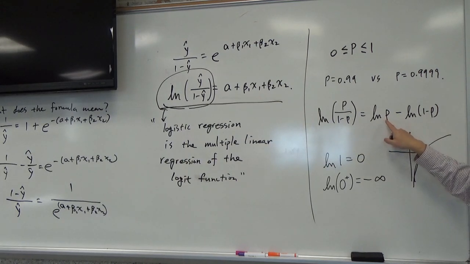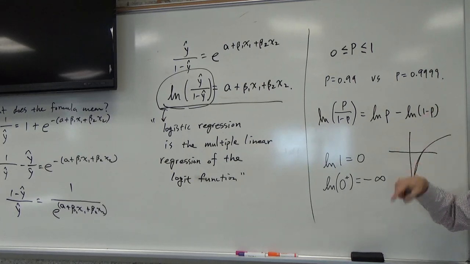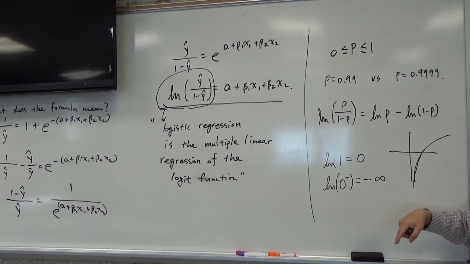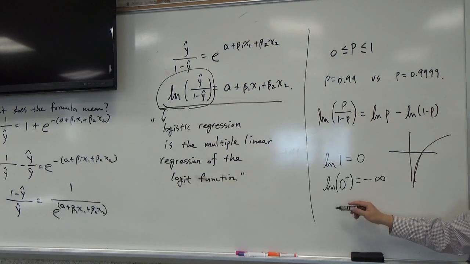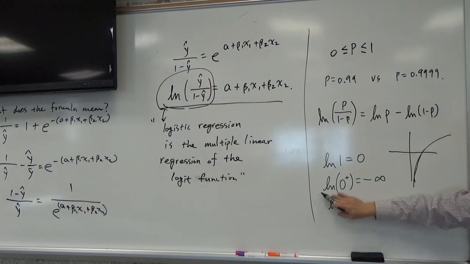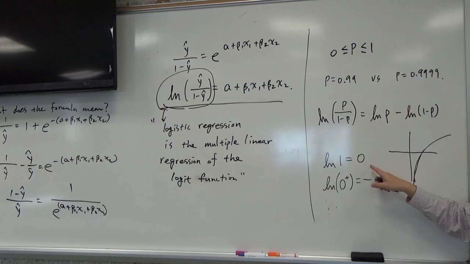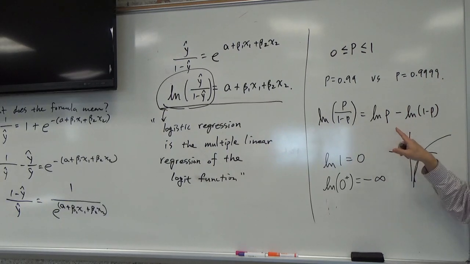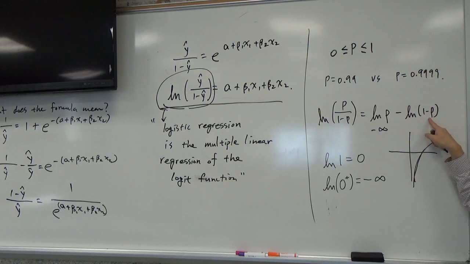So if you plug in a value that's close to 0, say 0.1, 0.01, 0.001, this value goes down to negative infinity. Let me backtrack. If you plug in a p-value that's close to 0, then ln of p will be negative infinity, whereas ln of 1 minus p would be close to 0, because if p is 0, ln of 1 is 0.